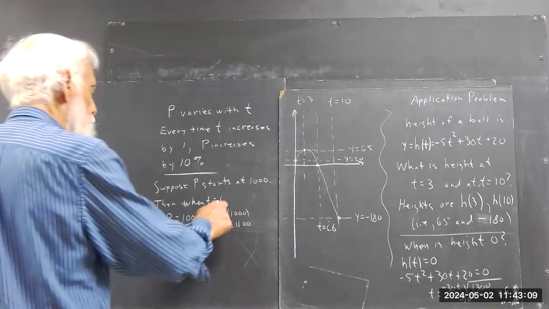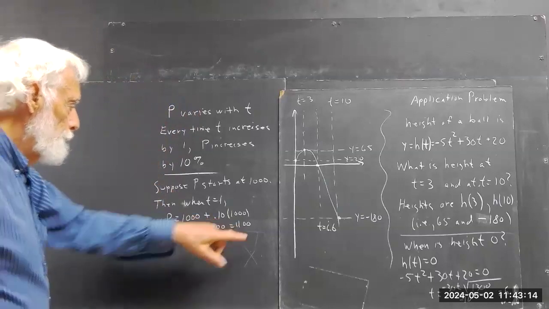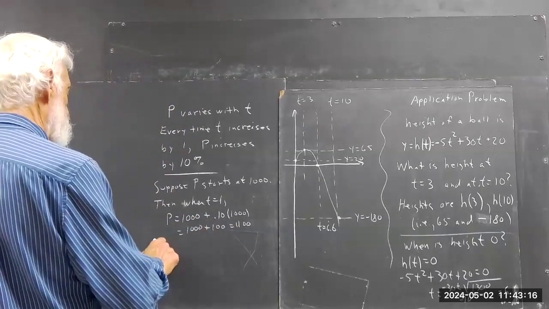Then when t equals 1, time would have increased by 1. Population goes to 1,100.